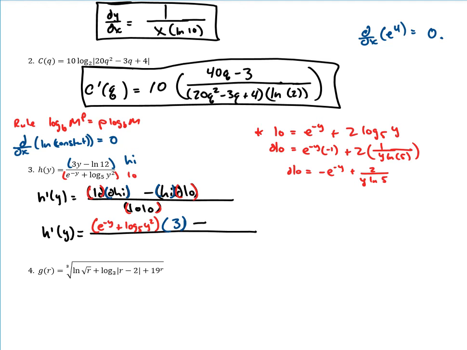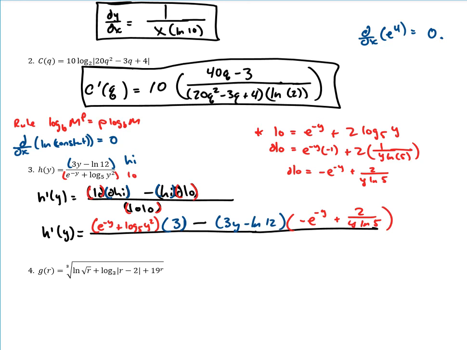Okay, and then minus the high portion, which is the blue there, the 3y minus ln of 12. And then I need more there. And then now the derivative of the low, which was this thing that we found early on: negative e to the negative y plus 2 over y ln of 5.